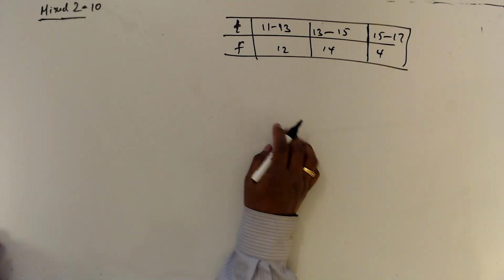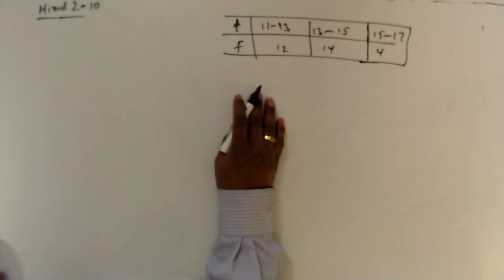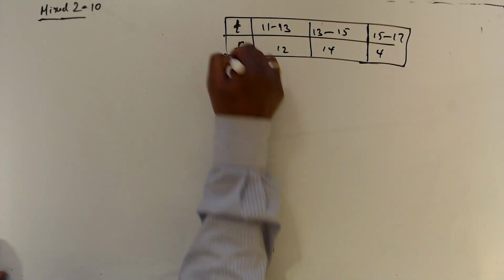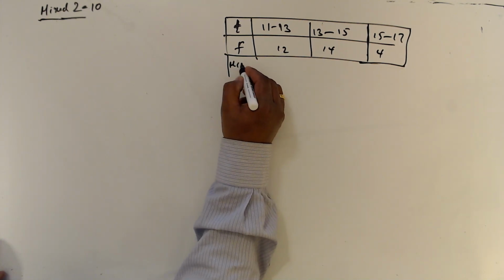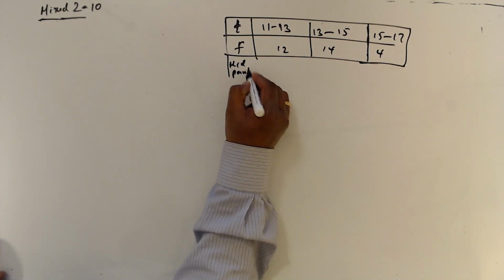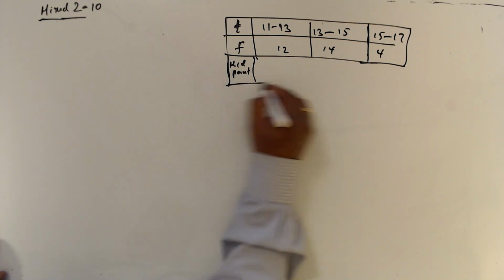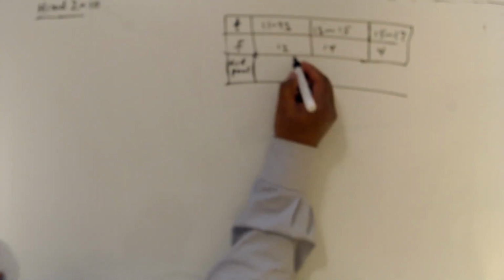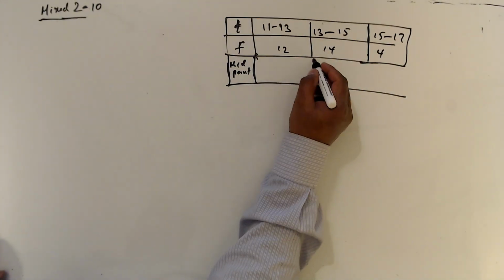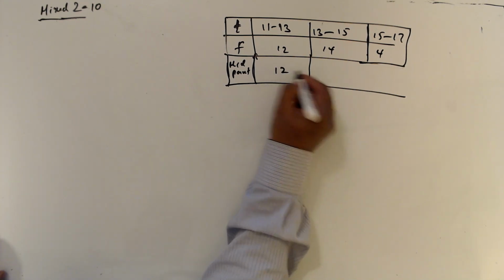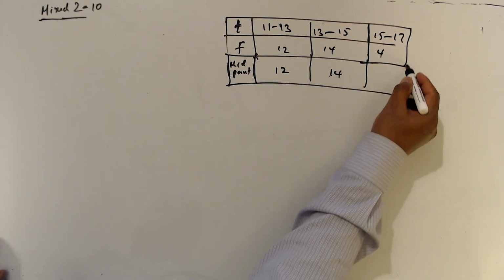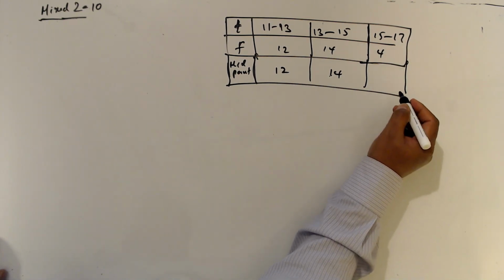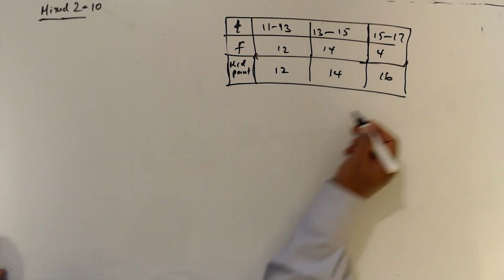Question number 10. This is about the temperature. So we'll find the midpoint. This is going to be 11 plus 13 divided by 2, 12. This is 14, and this is going to be 16.